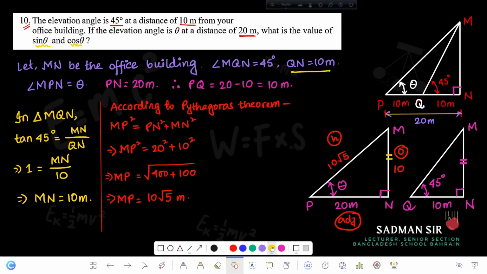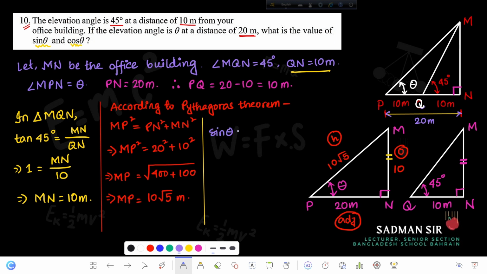So let us continue our calculation. And then what we have here, sine theta. We have to find out sine theta. Now sine theta is equal to opposite by hypotenuse. If you remember, sine equals opposite by hypotenuse. So opposite of theta is this one, that is MN, and hypotenuse is MP.